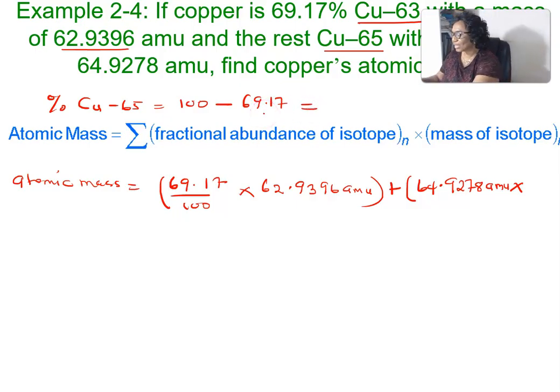So let's do the calculation. So 100 minus 69.17 equals to, we're going to write it here, 30.83 over 100.